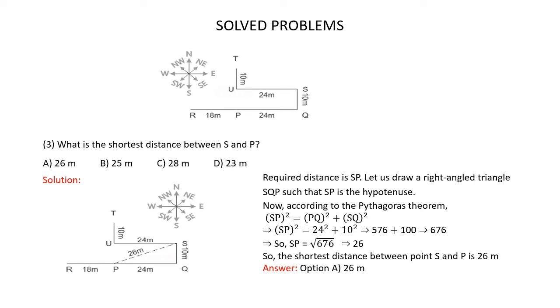Now we know that PQ is 24 meters and SQ is 10 meters. So SP squared is equal to 24 squared plus 10 squared, which is 576 plus 100, that is 676. So SP is square root of 676, which is 26. So the shortest distance between points S and P is 26 meters. The correct answer is option A, 26 meters.